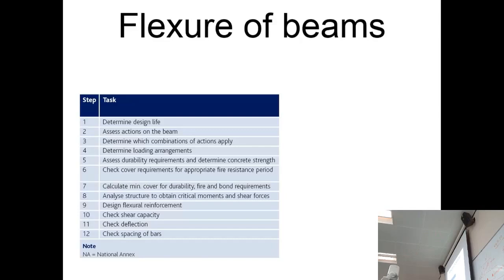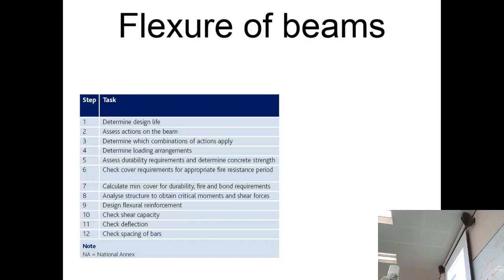1, where you're looking at the actions on the beam, and you look at the combinations of the actions, so that you're looking at your unfavourable and your favourable. Then you look at the durability requirements, so that's looking at the cover. And then with the cover you check the fire resistance also.